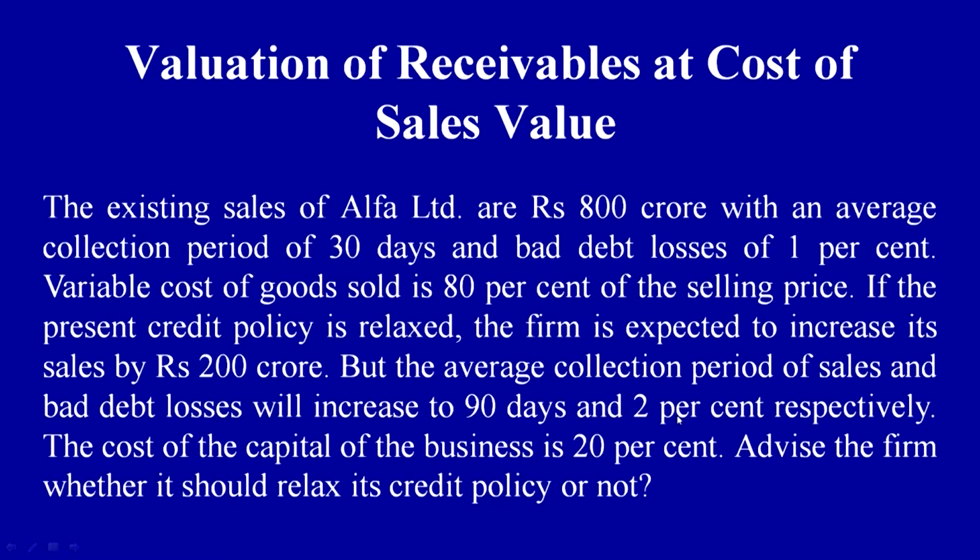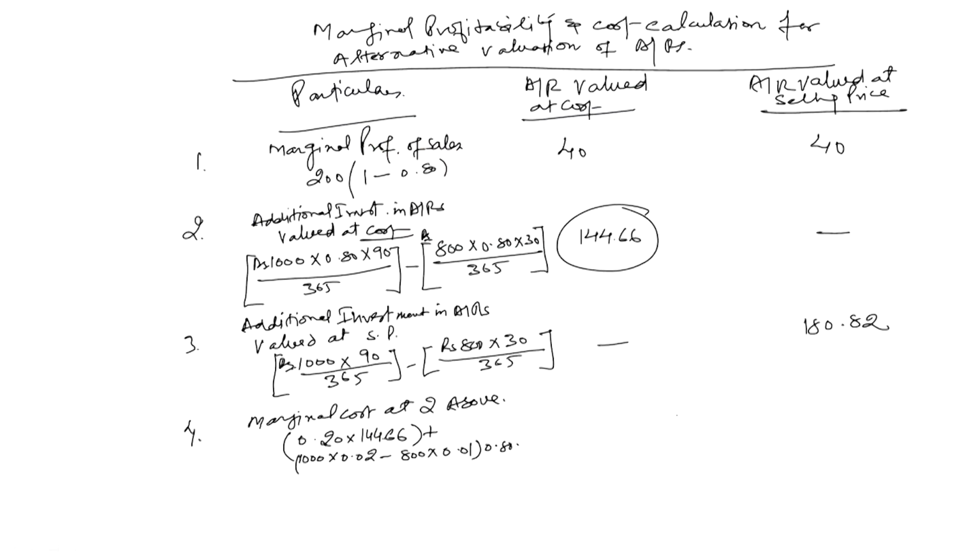So, another cost which we will have to take is the bad debt losses, that is 2% of the 1000 of the increased sales as against 1% earlier. So, it means the total cost is going to be how much? If you solve this, the total cost will come out as 38.53 crores.